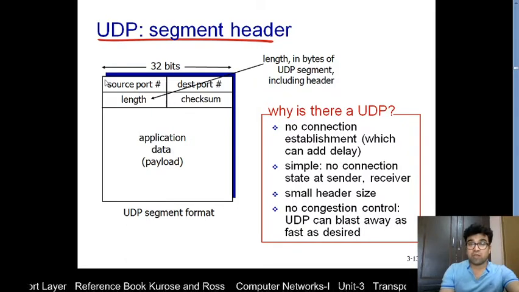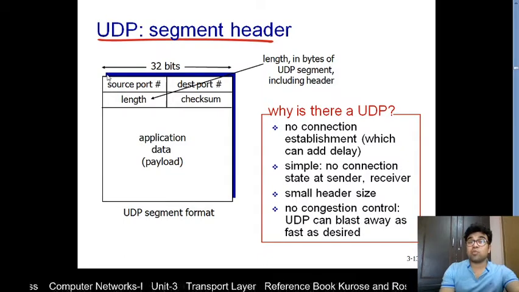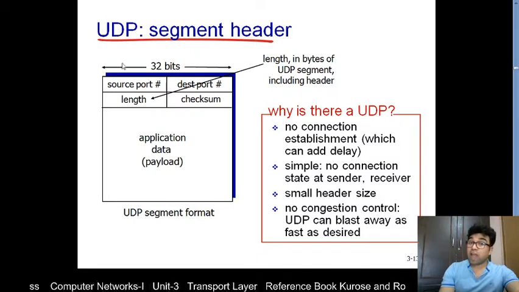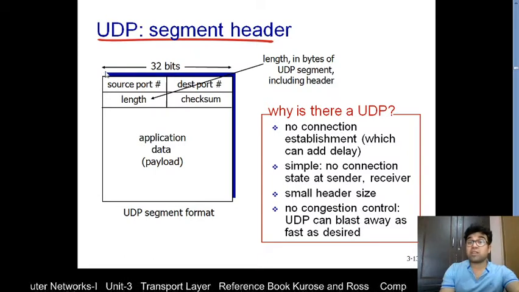Our client machine's operating system will generate a random 16-bit port number, which will be assigned to the DNS client which has generated that query, and that number we will put in this field. So the source port number is the port number of the process generating the DNS query at the client-side system.